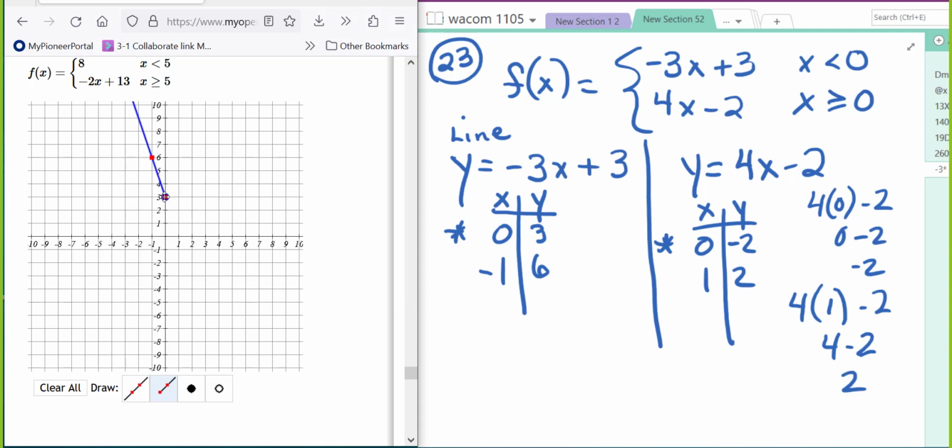Now, you have to just remember, if you do these right, the ends, because they all look filled in on there. All right, now I'm going to do the other picture. So this one had an equals underneath, so I need to do the solid circle. And I want 0, -2.